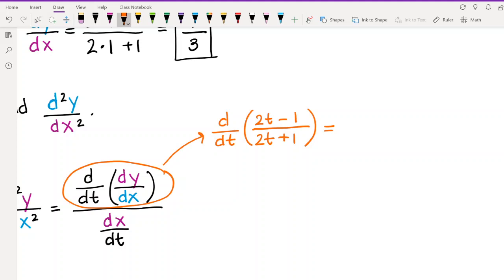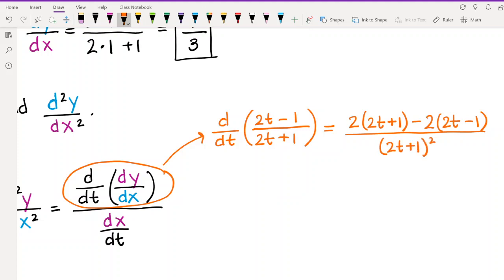So the derivative of the numerator is just 2, and we multiply that with the denominator, which is 2t plus 1. Then we take the derivative of the denominator, which is also 2, and we multiply it with the numerator. And then in the denominator, we take the original denominator and we just square it. So this is going to give us, in the numerator, 4t plus 2 minus 4t plus 2. And then in the denominator, we have 4t squared plus 4t plus 1.